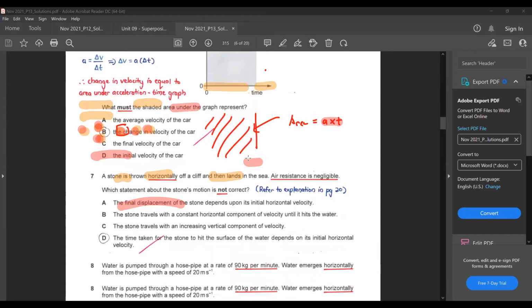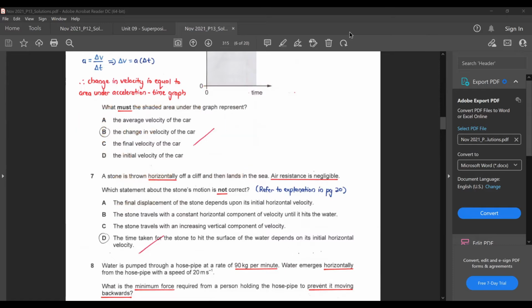Okay, all right, then after that you have number 7. Number 7 is on kinematics already. A stone is thrown horizontally off a cliff and it lands in the sea. Air resistance is negligible. Which statement about the stone's motion is not correct?